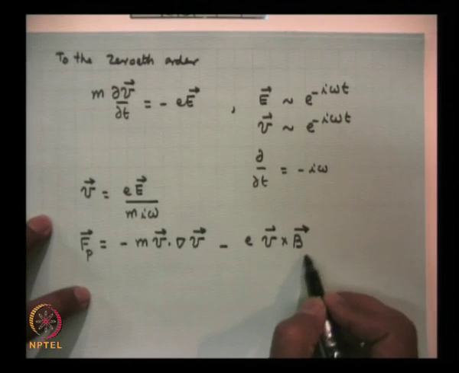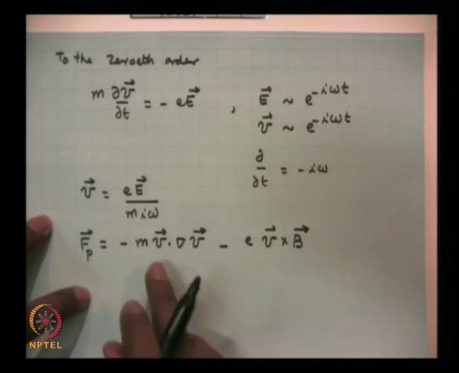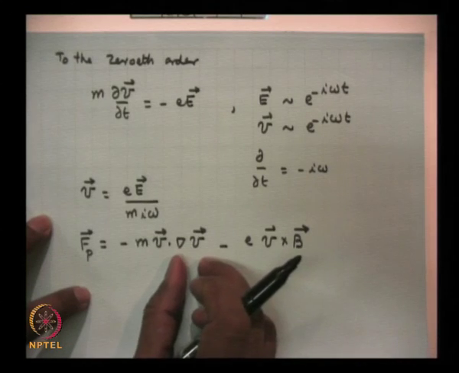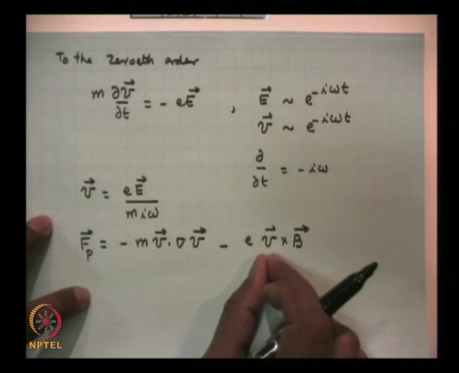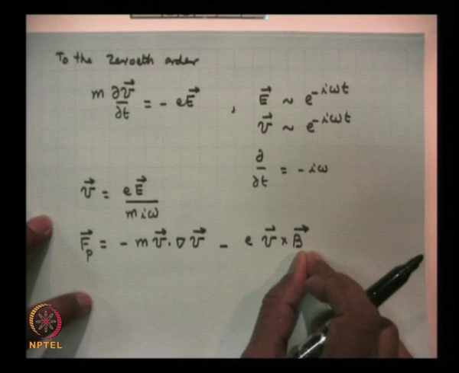Similarly, real part of B has to be used there. So, it is a product of real part of v into real part of this quantity. Similarly, real part of v is to be multiplied with the real part of capital B there.